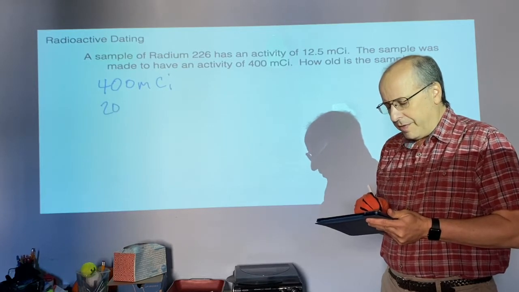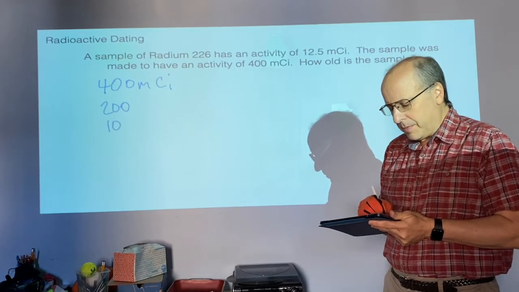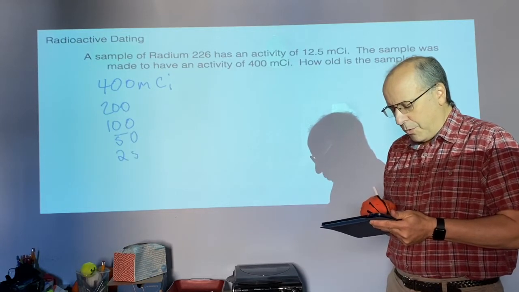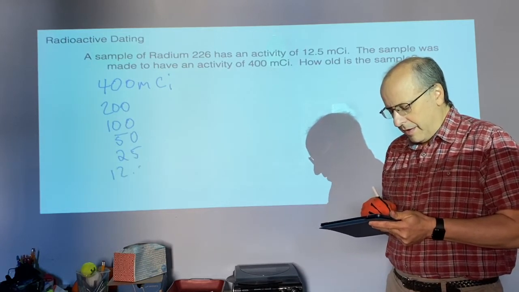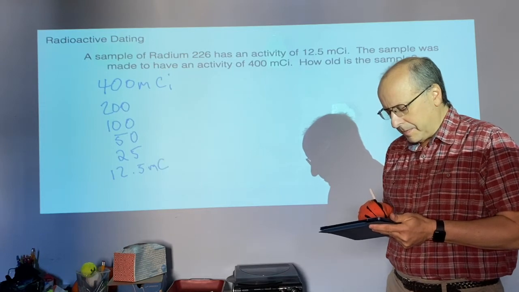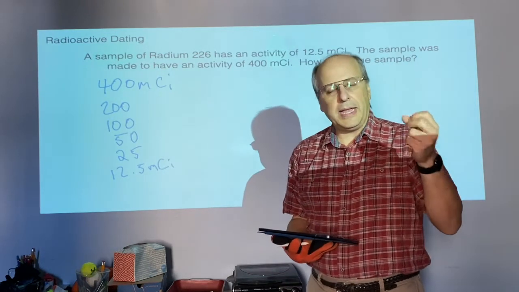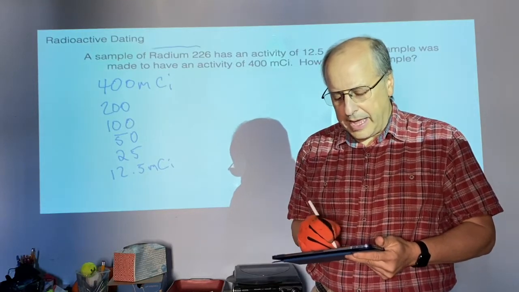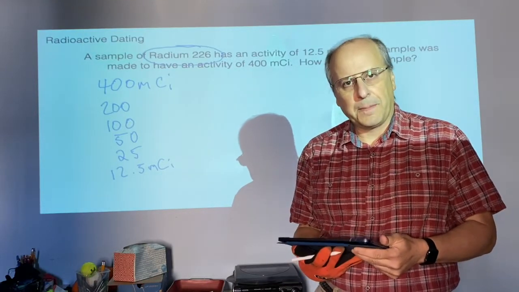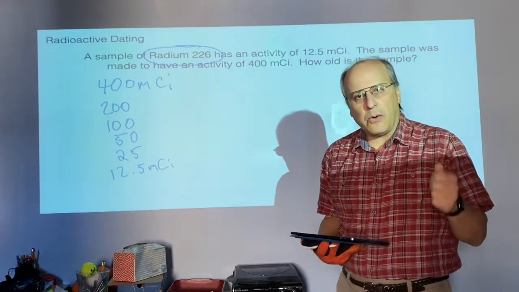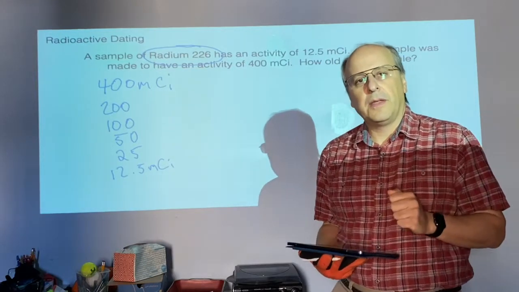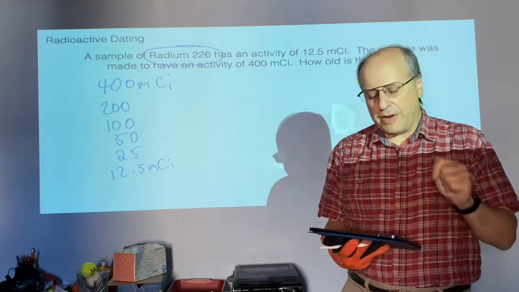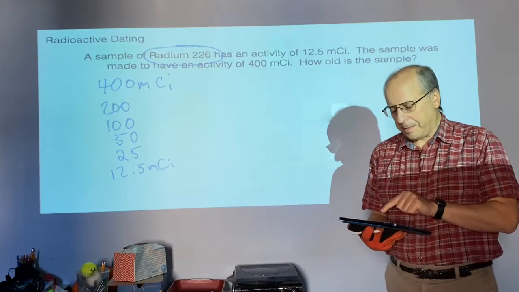After 1 half-life, we're at 200, 2 half-lives, 3 half-lives, 4 half-lives, and 5 half-lives. So you see how many half-lives went by, and then you just multiply by the half-life of your sample. So this is how we use activity and half-life together to date a radioactive sample.